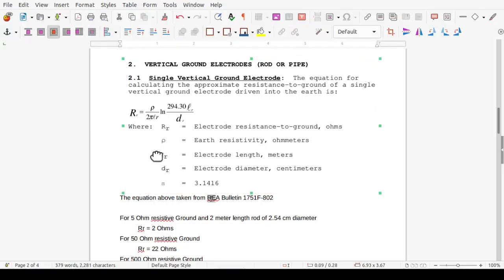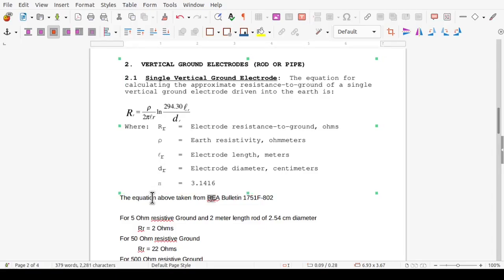Whoop, okay, that's not what I need. Right here, electrode length. Also its diameter, and then various pi, and the earth resistivity, which we have to find from the table. Plugging in the numbers yields us this R, the electrode resistance to ground in ohms. We're no longer speaking of ohm meters, we're now strictly in ohms.